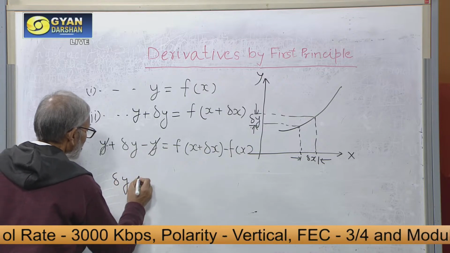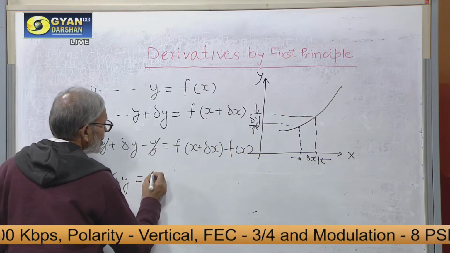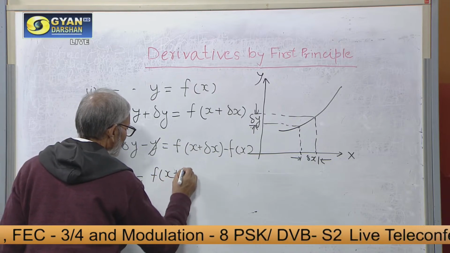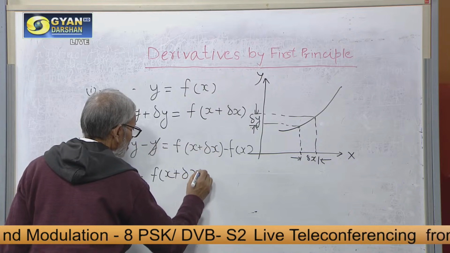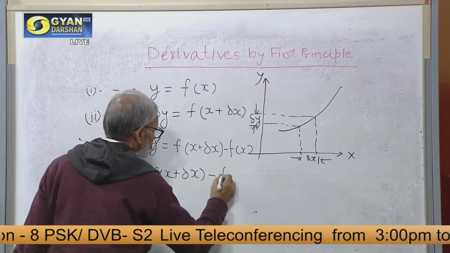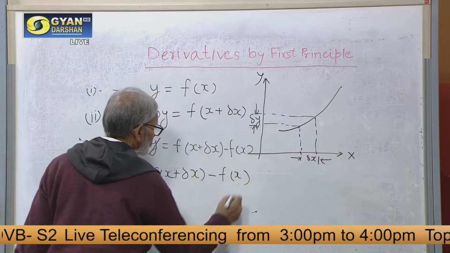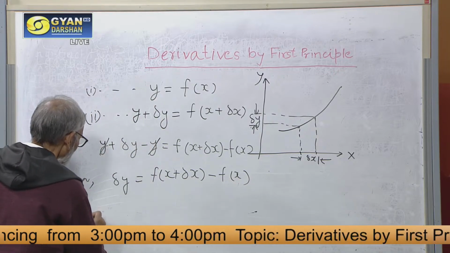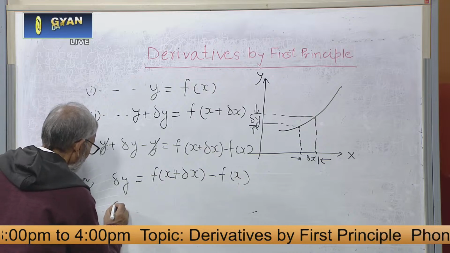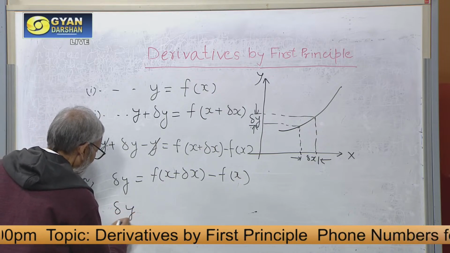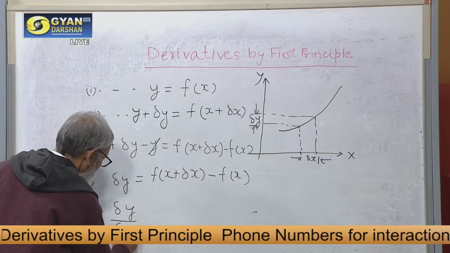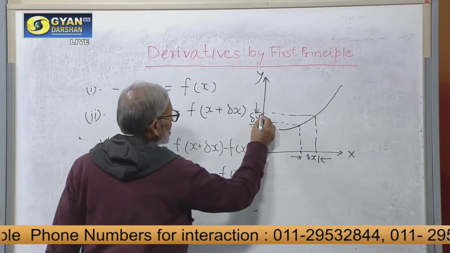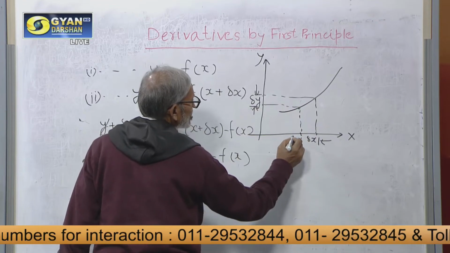So, delta y is equal to f(x plus delta x) minus f(x). If I divide it by delta x, we get delta y upon delta x.